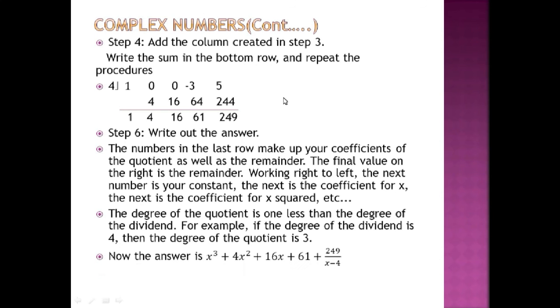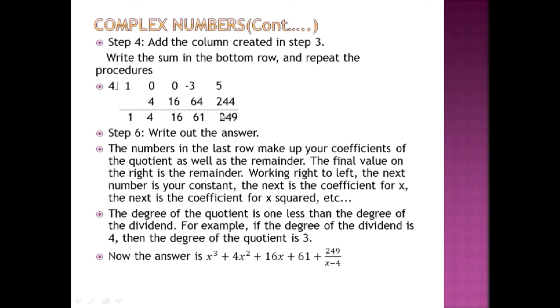So how are we going to write the answer? Now the answer from the above is: the first one is 1x cubed, then 4x squared, and this 16 is 16x, and this 61 is the constant, plus the remainder. Now if the remainder is 0, there would be 0 here.